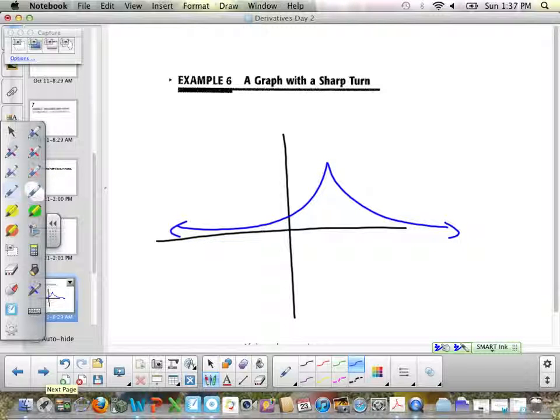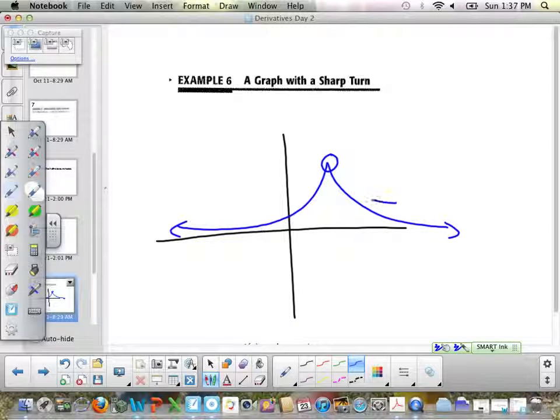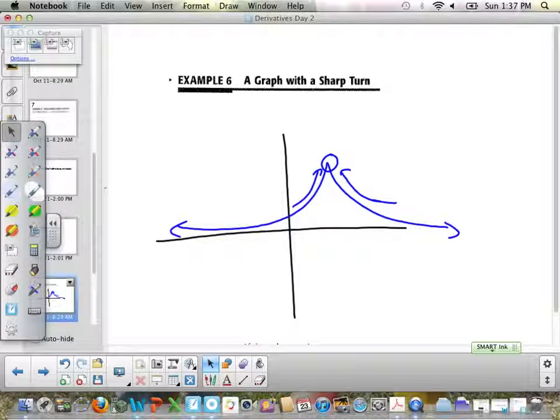The derivative does not exist at that point, and the reason for that is because the derivative is a limit, and a limit must be the same from left to right. As we approach this point from the left side, we're approaching a very large positive number. As we approach from the right side, we're approaching a very large negative number. Because we're approaching different values at that one point, the derivative does not exist. We would just say undefined.